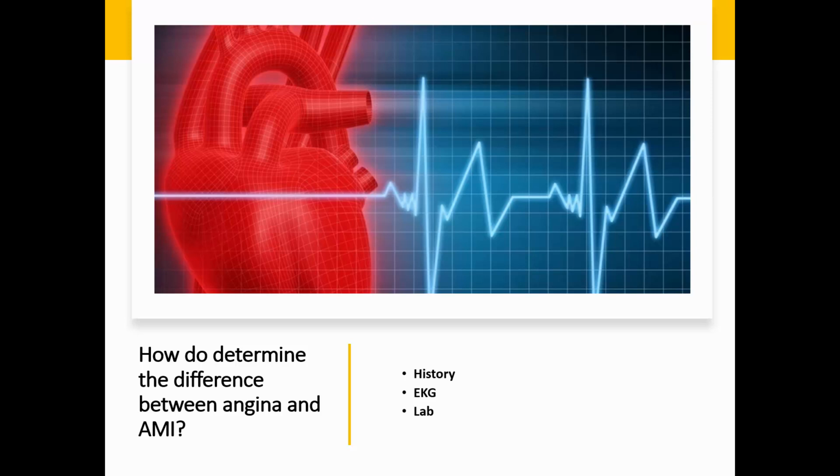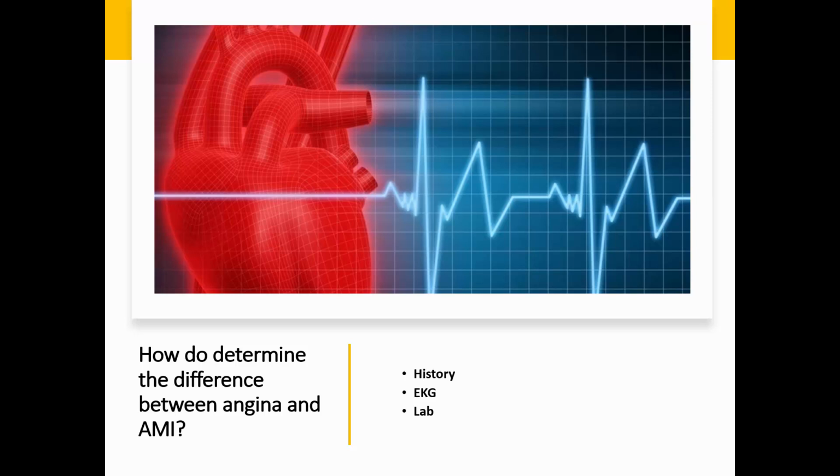Look at their history as far as are they at risk? Do they have any of those risk factors I presented earlier with CAD? Because if they do, remember that CAD can contribute to an MI. So you're going to be looking at all of these history things when you do your questioning. Have them rate the pain on a scale of 0 to 10, 0 being no pain, 10 being the worst pain ever.